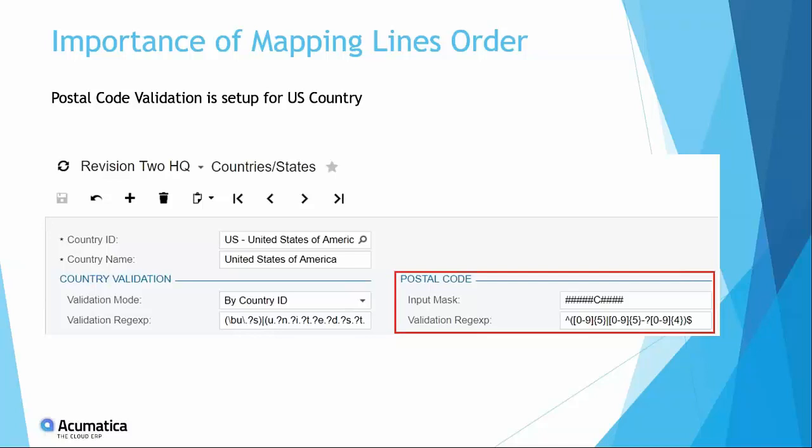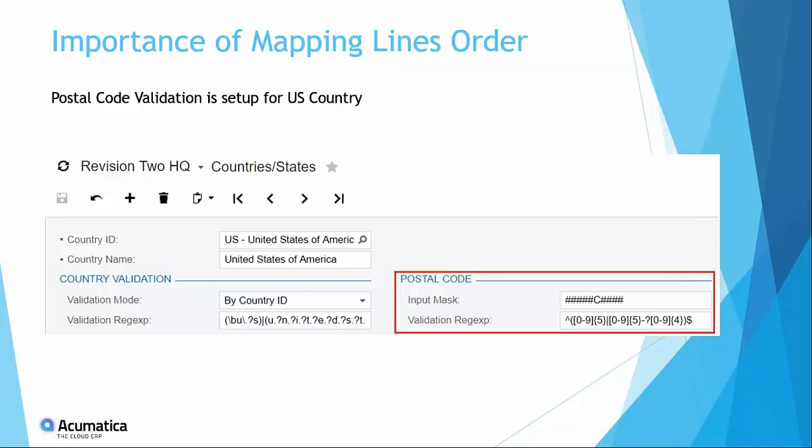As I mentioned, we have a postal code validation set up for the US country. This means if this is not matched, if we enter an incorrect value, we will get an error. Of course, if we are manually creating the record, we can just change the value to a correct one or change the country.